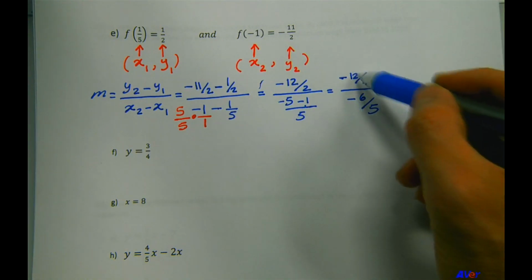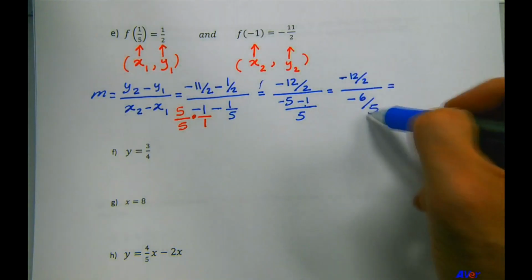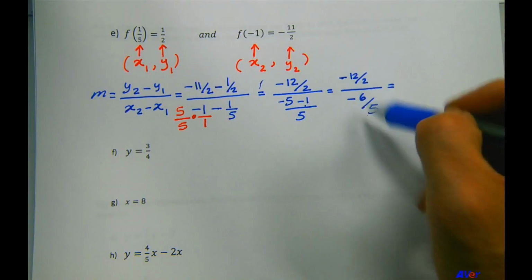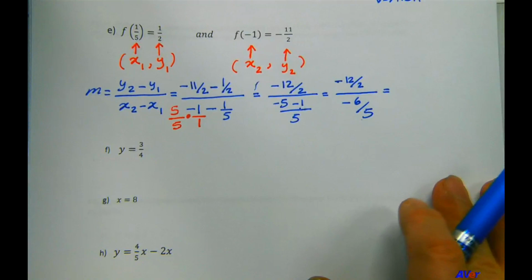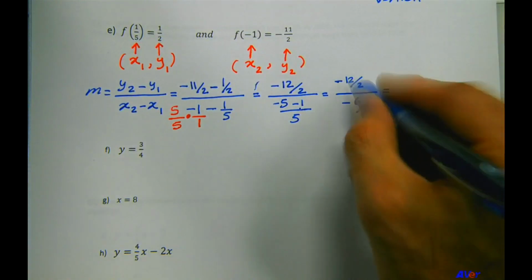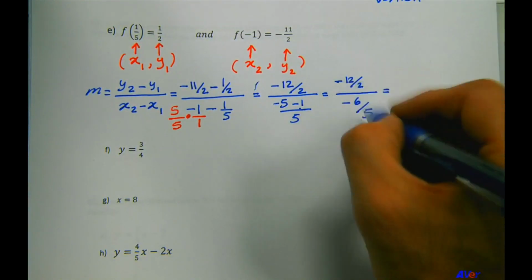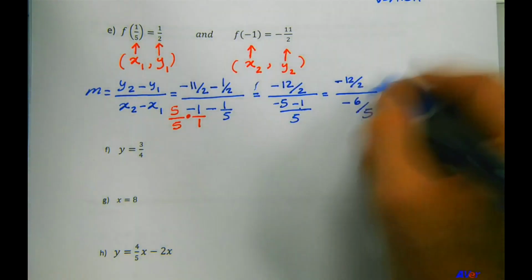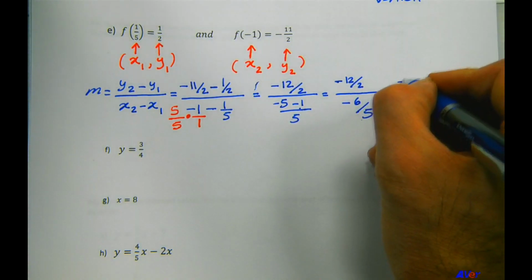Take a look at the numbers that are farthest away from each other, negative 12 and 5. Multiply them, multiply the farthest numbers from each other and put the result in the numerator.